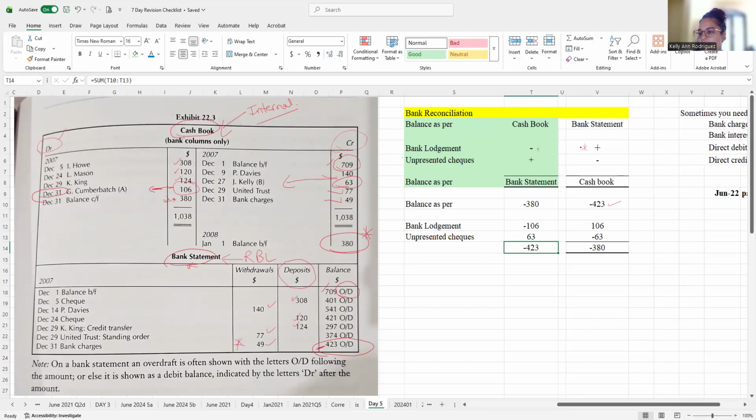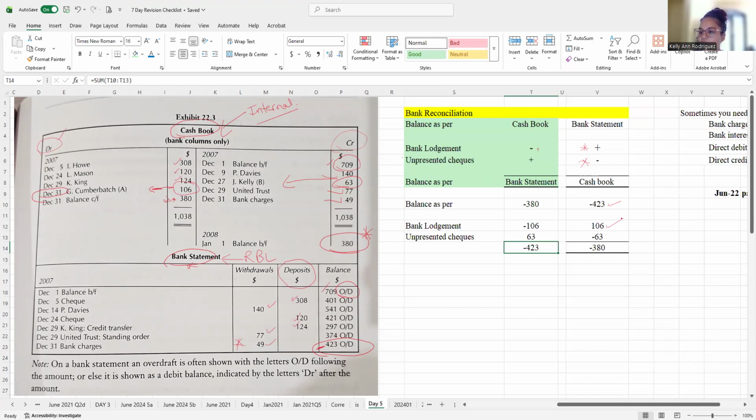You'll know how to add the bank lodgement because the bank statement is missing a deposit. So you need to add it back into your bank statement balance. And you will have to minus instead of add the checks that are not presented. Why? Because the bank is missing the check that you made a payment for, which is supposed to reduce your balance.